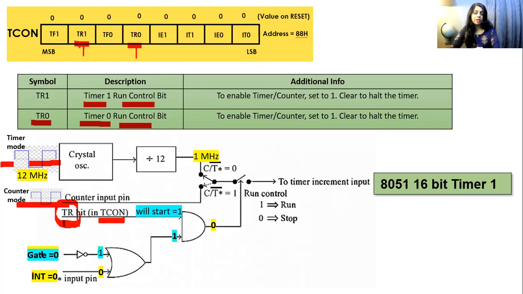So when the TR run control bit is 1, the output of the AND gate will be 1, and then it will run the counter. Whether this timer should run or not depends on these timer run control bits. So TR0 is responsible for timer 0 and TR1 is for timer 1.